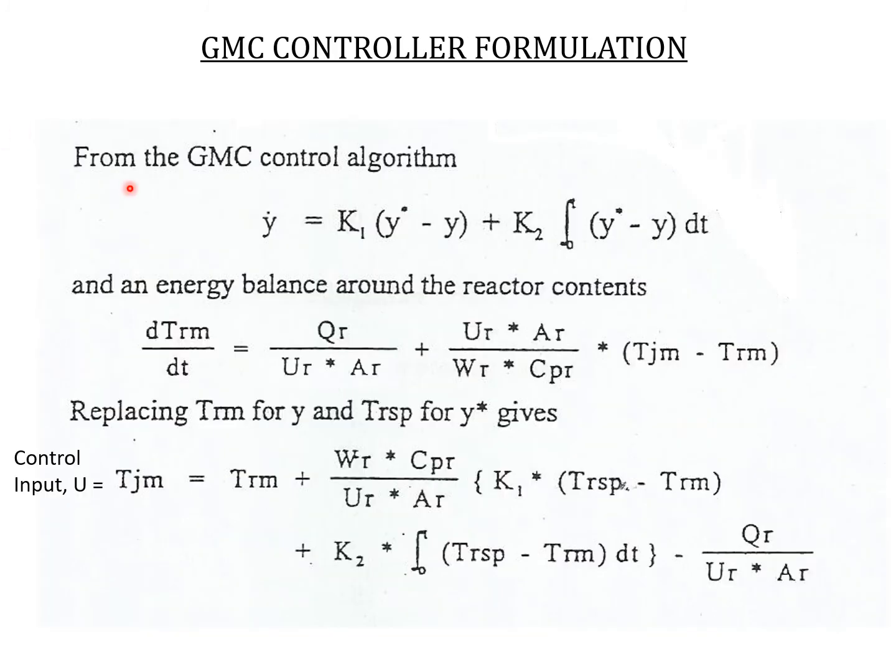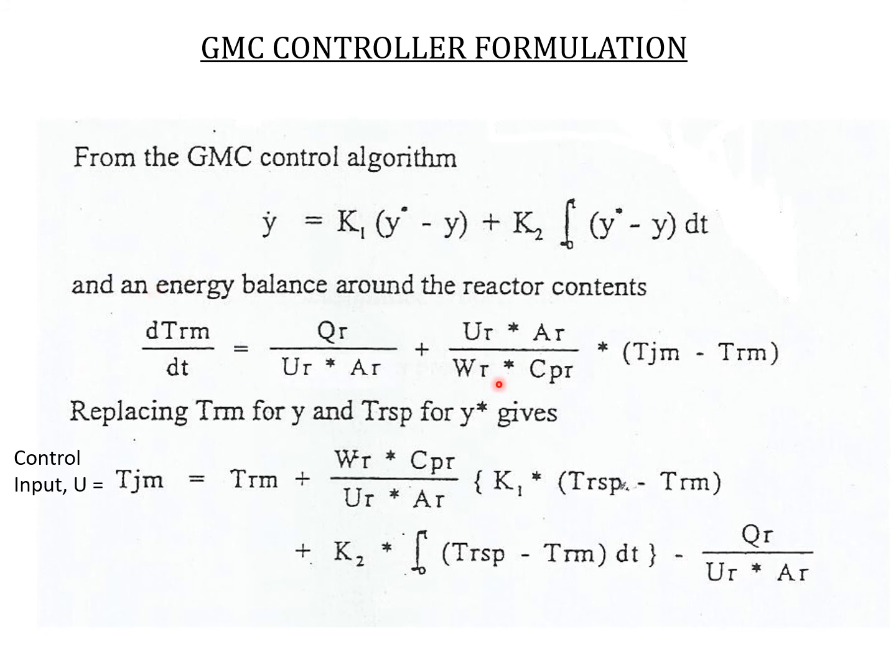Okay, and from the GMC algorithm, we know that y dot is a standard one, and this is the equation that we've seen just now in terms of f(x, u, t), the general one. This is the actual equation in terms of the reactor temperature and the heat release, heat transfer from jacket to temperature and so on.